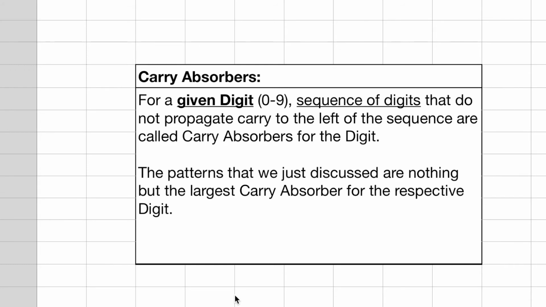For a given digit, carry absorbers are a sequence of digits which ensure that no matter what numbers are on the right hand side of that sequence and what kind of carry they generate or create, none of the carry is spilled over to the left hand side of the sequence. All the carry is absorbed by the sequence. And that gives it a property which allows us to split the number at the sequence.